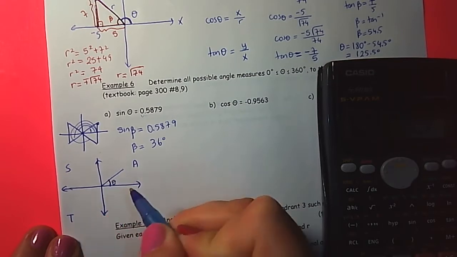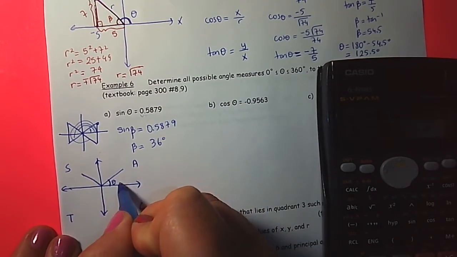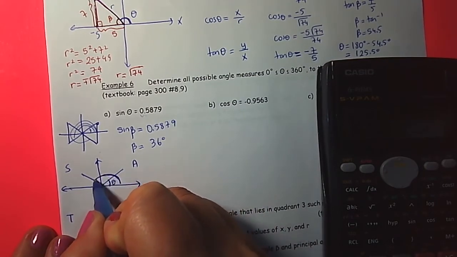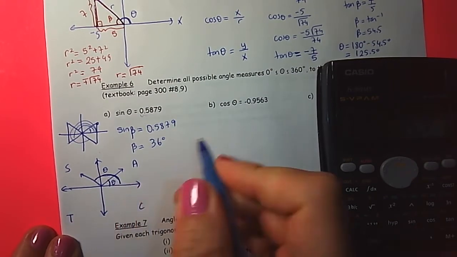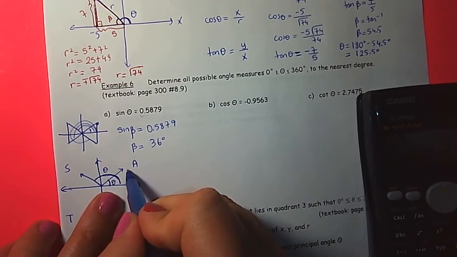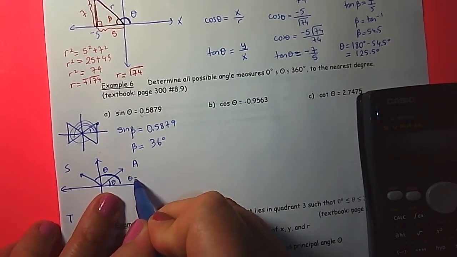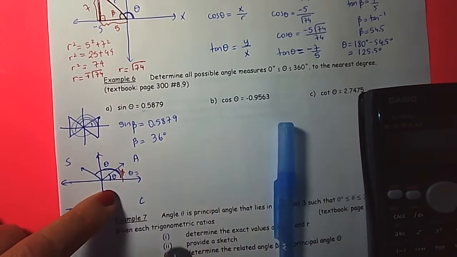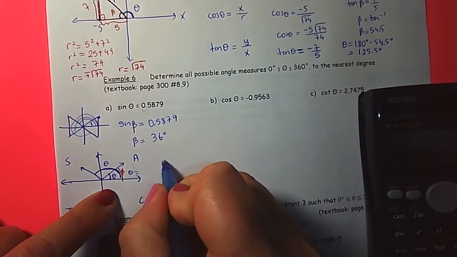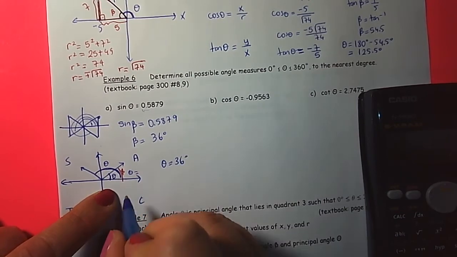One is in the first quadrant, and the second is in the second quadrant. In the first quadrant, theta is the same as beta, so that is 36 degrees.